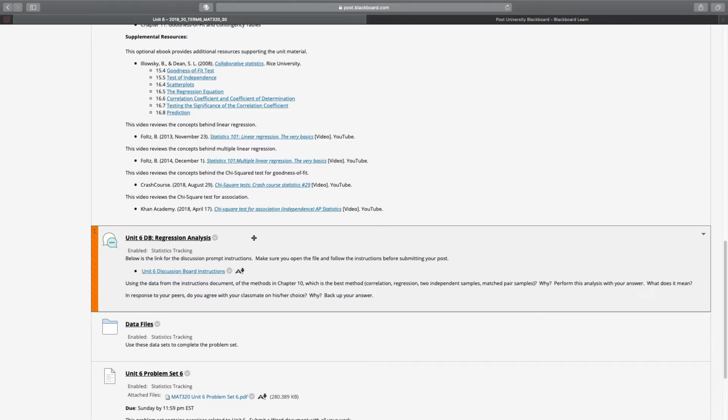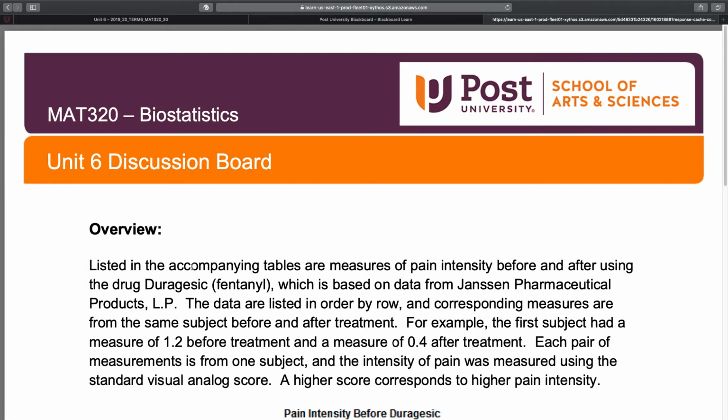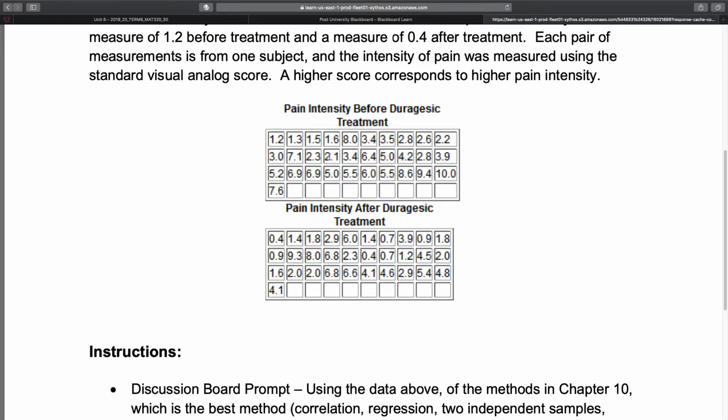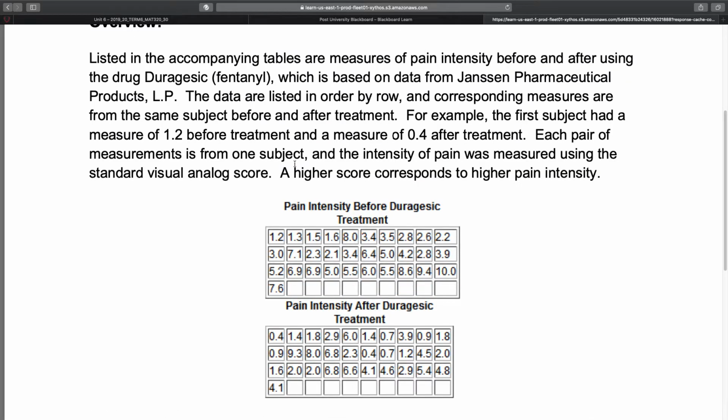The Unit 6 discussion board is on regression analysis, which you can find in these instructions. Listed down here, we have two tables measuring the intensity of pain before and after using the drug Duragesic, which is basically just fentanyl, based on data from Janssen Pharmaceutical Products LP.